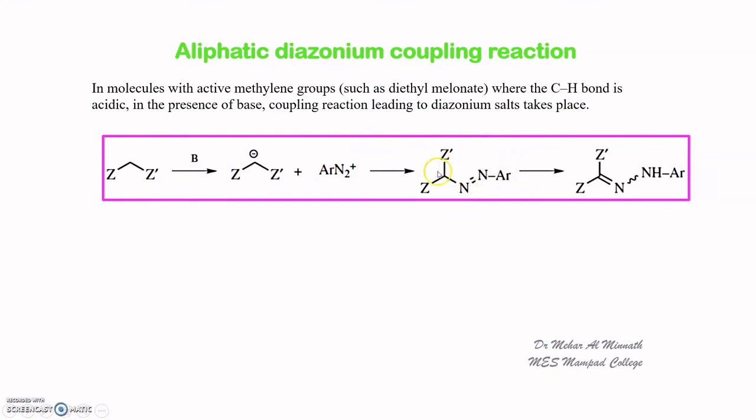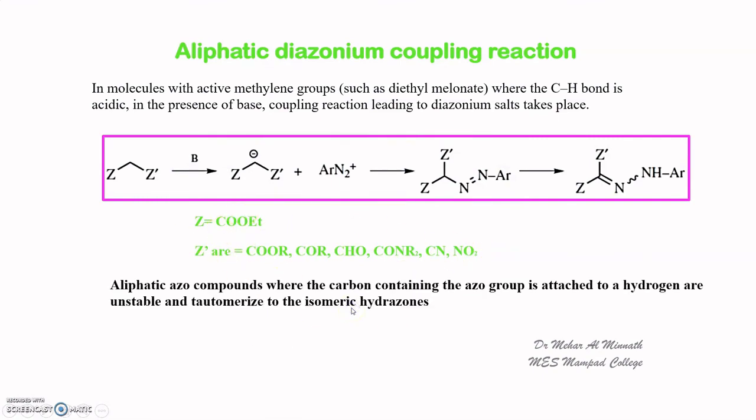Okay, see here active methylene group, the hydrogen is replaced and the diazonium salt is introduced. Okay, so here also again Z can be COEt, Z prime can be any electron withdrawing group. The aliphatic azo compounds where the carbon containing the azo group is attached to hydrogen are unstable and tautomerise to the hydrazone. So that's why you have the hydrazone here.